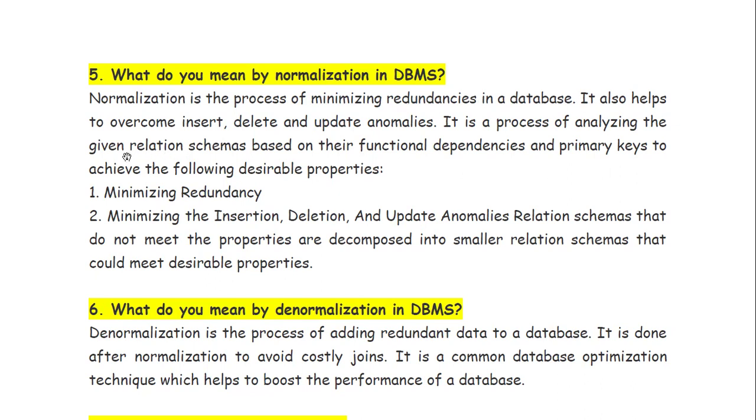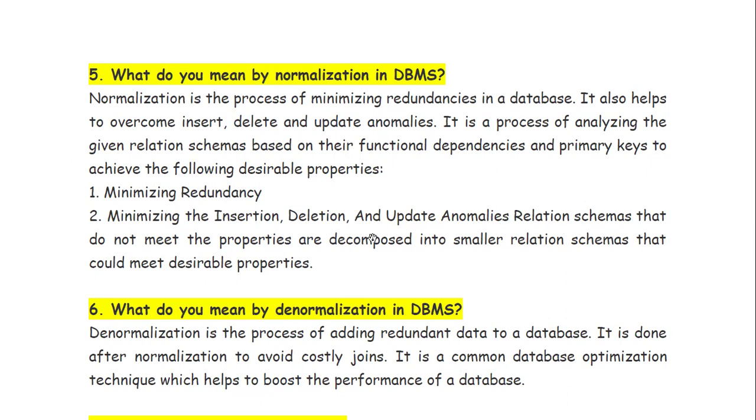It also helps to overcome insert, delete, and update anomalies. It is a process of analyzing the given relation schemas based on their functional dependencies and primary keys to achieve minimal redundancy and minimal insertion, deletion, and update anomalies.